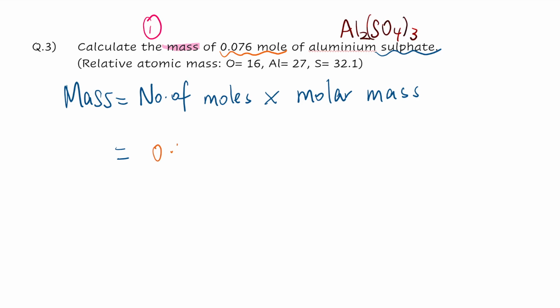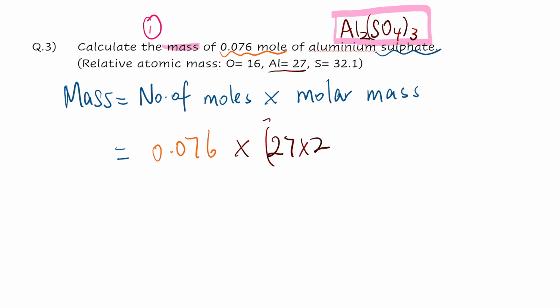It is 0.076. And what about the molar mass? Now that we have the chemical formula with us, we can also figure out the molar mass. So for aluminium, there are 2 aluminium atoms there, and the relative atomic mass is 27. So 27 times 2. Let me put a large bracket there so it's easier for us to do it.